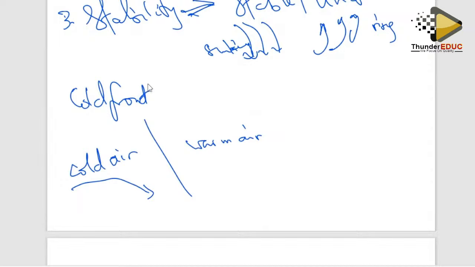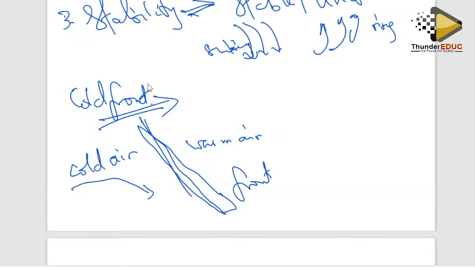Let's assume our system is going in that direction. This is the cold front, the boundary separating the cold and warm air. This is our front or the boundary.